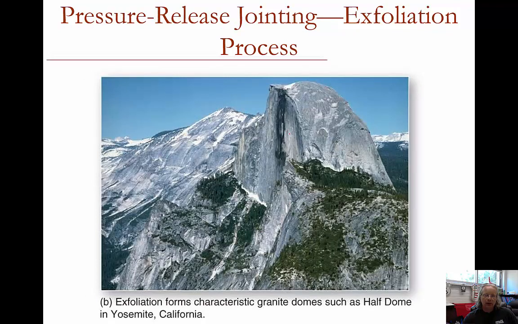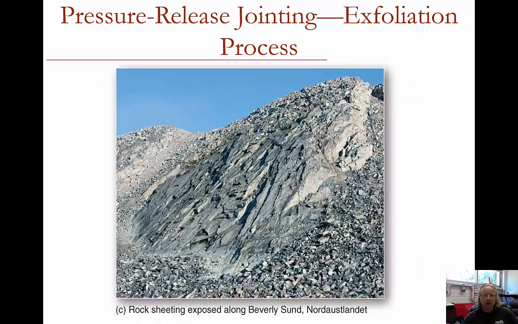Here's a big exfoliation, the most famous version of it in the world, probably here in Half Dome in Yosemite. If you've never been there, definitely get up to see it. This is Half Dome. The other half broke off, and you wouldn't have wanted to be below that.